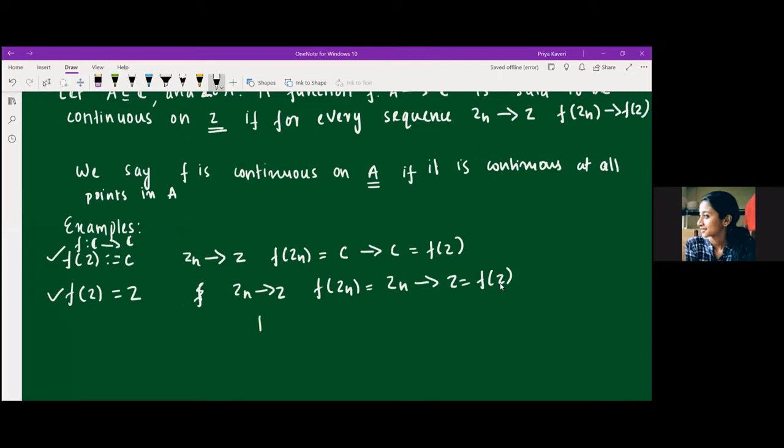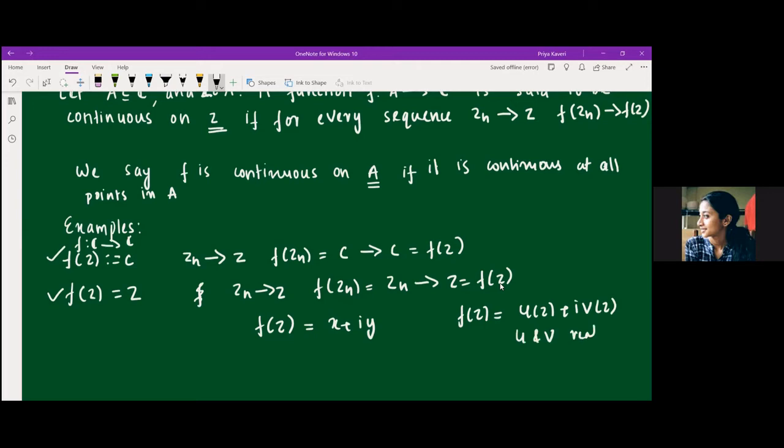That is, f of Z is Z, and if Z is x plus iy, we can write it in this way. What we wish is to rewrite this as u plus iv, where u and v are real valued functions.